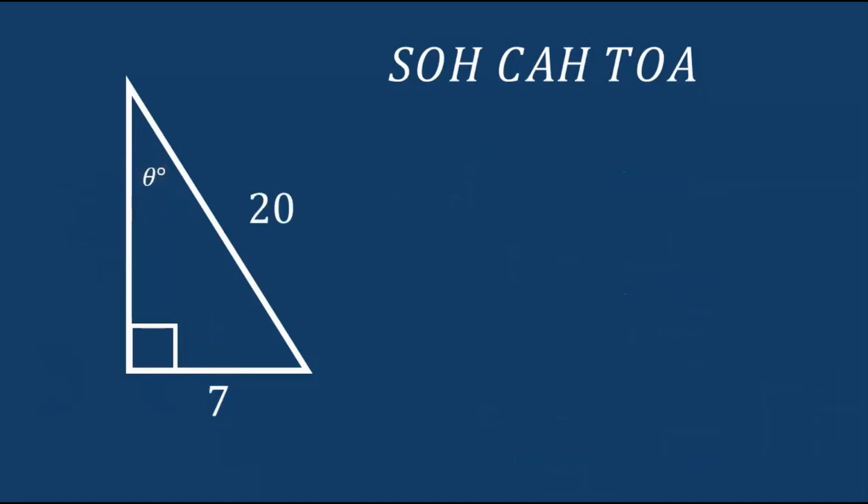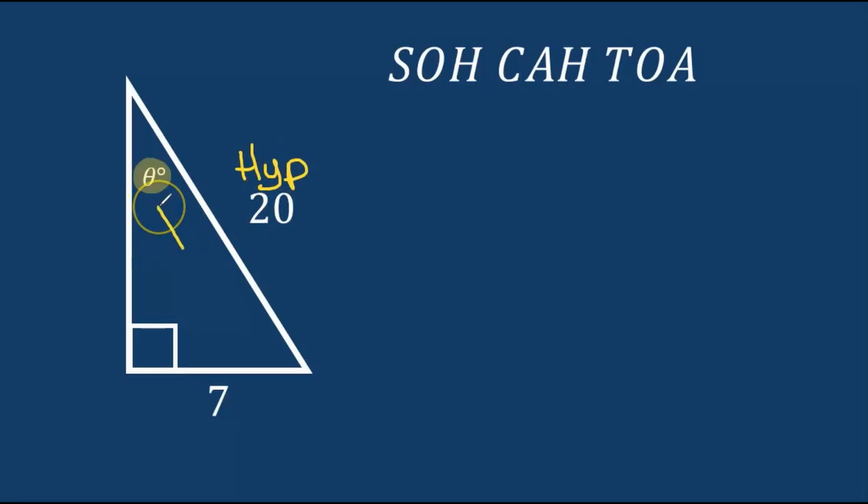We're going to do one final problem to show you another example of how to find a missing degree. Again, we're going to orient to that degree, even though it's missing, and we're going to figure out what we have. This is the hypotenuse, the side that's opposite our 90-degree angle.